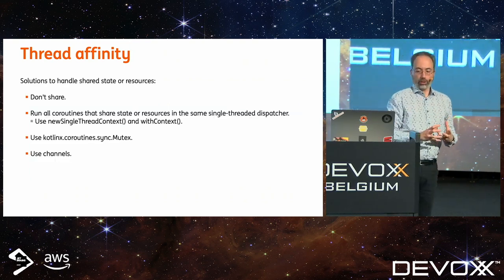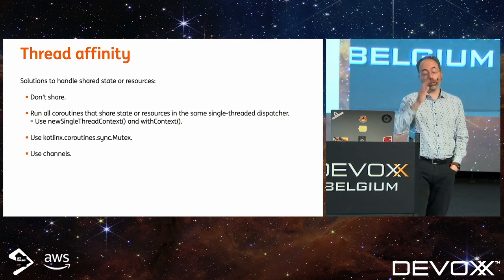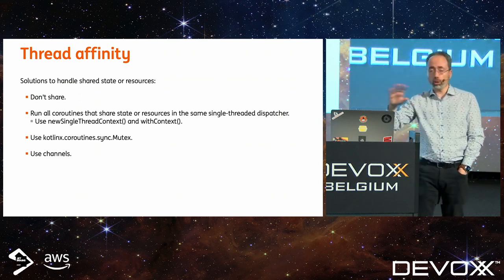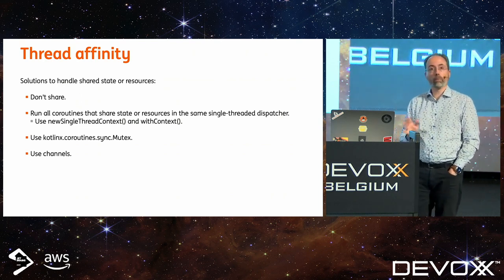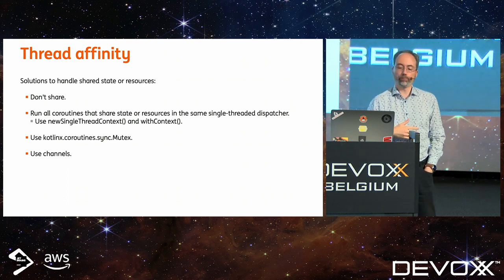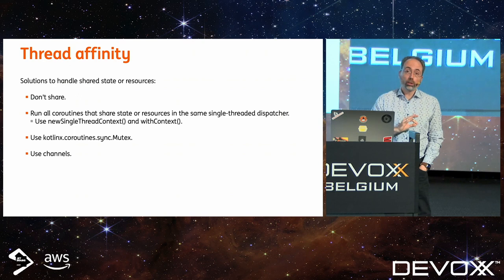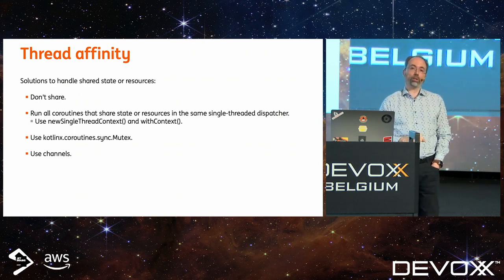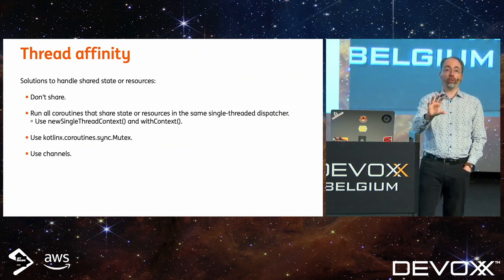How do we solve this? Well, the first solution is, of course, the same advice for all concurrent parallel code: don't share resources. Simple enough. Sometimes you need to. One solution, which may or may not work, is to run all the coroutines that share the same resources or state in the same thread.